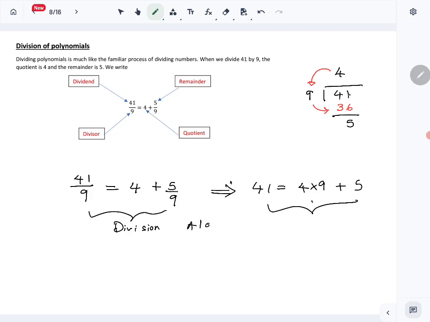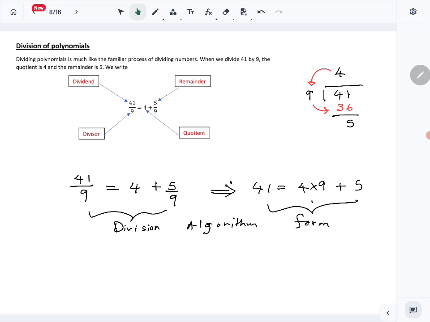So in the division algorithm form, what you do? Dividend over divisor equals quotient plus remainder over divisor, or in the second form, dividend equals what? Quotient times divisor plus the remainder, right?